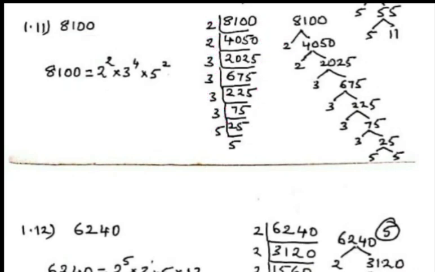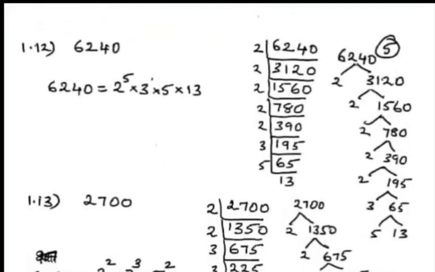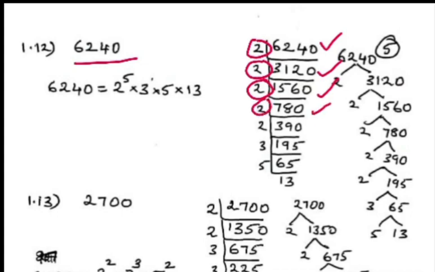Now we consider another problem. 6,240. 6,240 is divided by 2, we get 3,120. 3,120 is divided by 2, we get 1560. 1560 is divided by 2, we get 780. 780 is divided by 2, we get 390. 390 is divided by 2, we get 195. 195 is divided by 3, we get 65. 65 is divided by 5, we get 13.